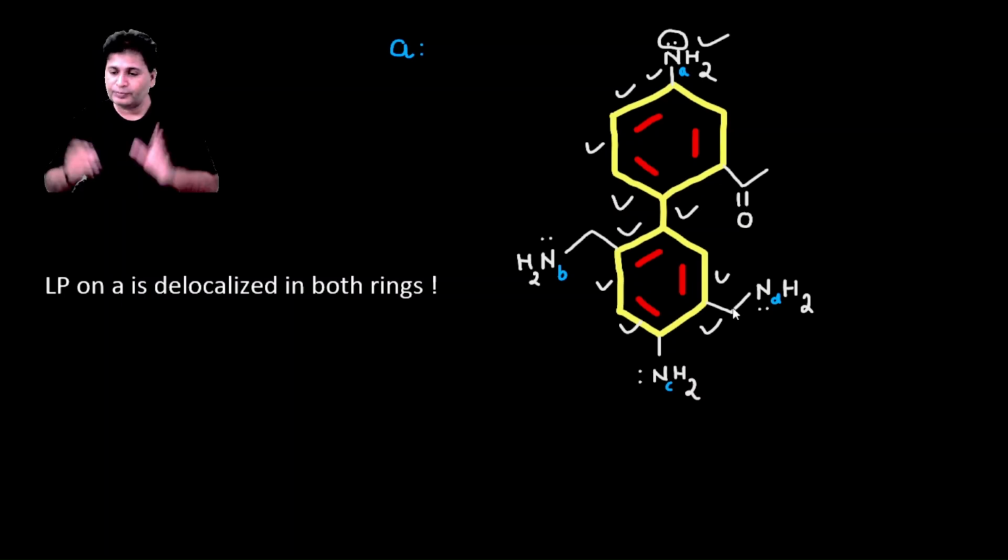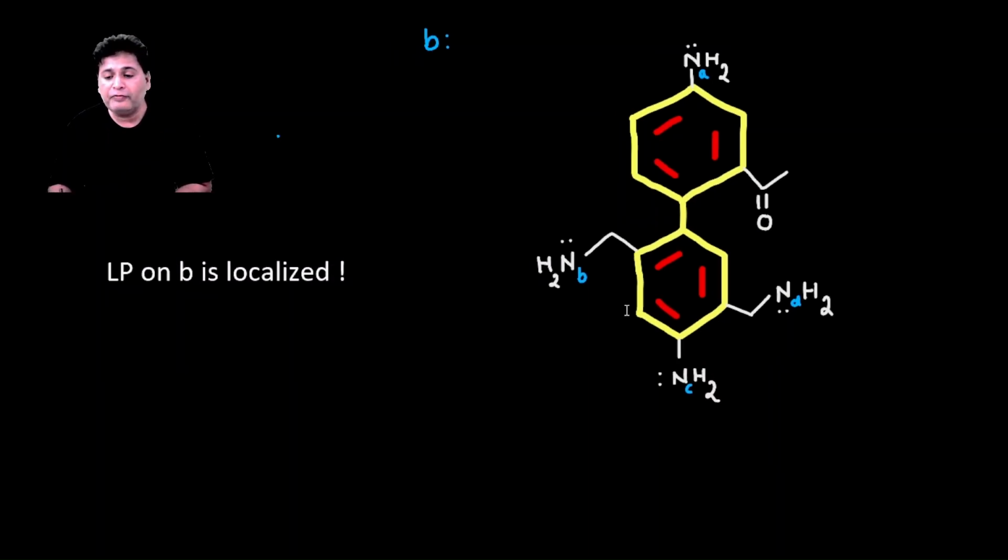Now let us see what happens with nitrogen number B. If you look at the lone pair on nitrogen B, you find that this lone pair is not in conjugation. How? Once you try to see the conjugation situation, you won't find it: lone pair, single, single.